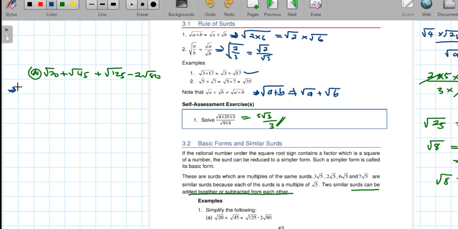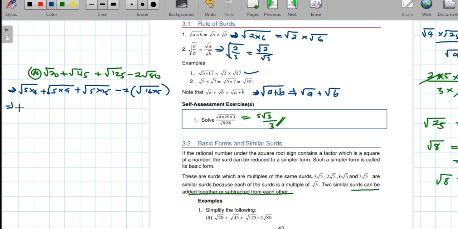So let's simplify this. If you simplify this, what we are going to have is the square root of 5 times 4, plus the square root of 5 times 9, plus the square root of 5 times 25, minus 2 into the square root of 16 times 5.